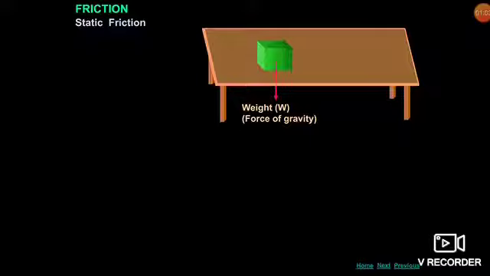The force of gravity is in the downward direction, and the reaction by the table on this weight will be in the upward direction. If there is no force applied on this box, there will be no static friction also, both will be zero. But if you apply a force on this block towards the right hand side, the static friction will be applied towards the left hand side, that is opposite to this.